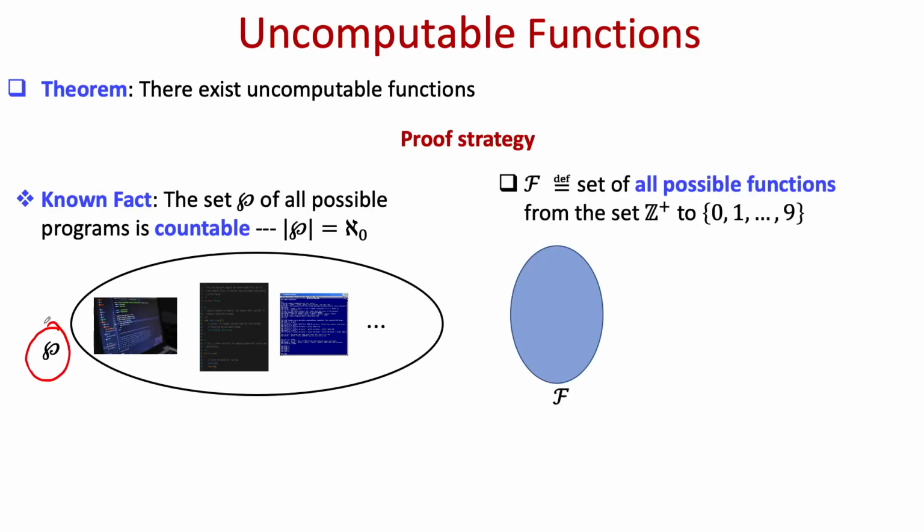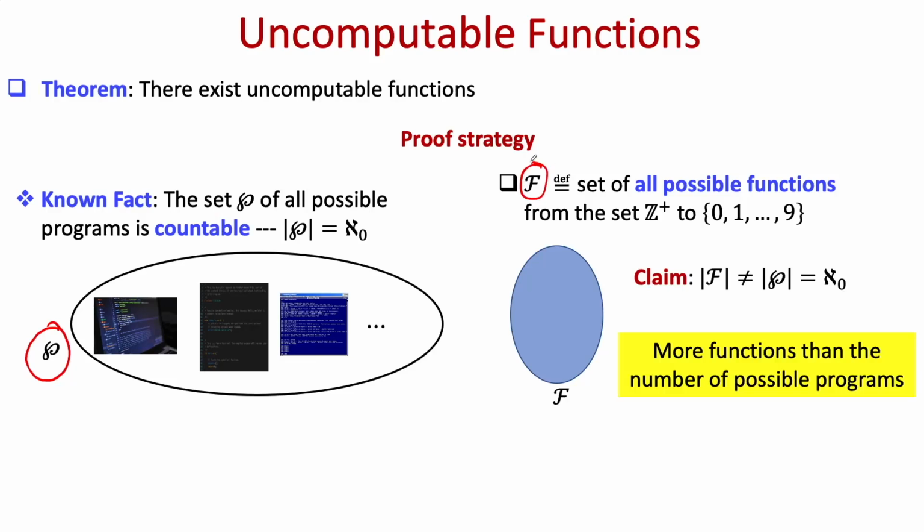What we will prove is that the set of all possible functions from the set of positive integers to the set of integers 0 to 9, call that set calligraphic F, has a cardinality which is not Aleph null.